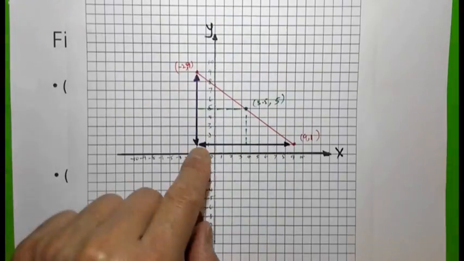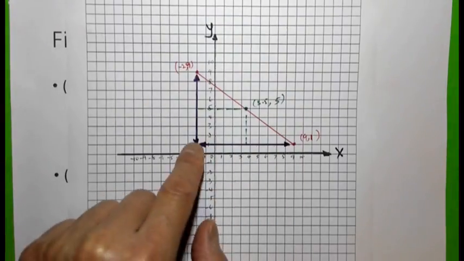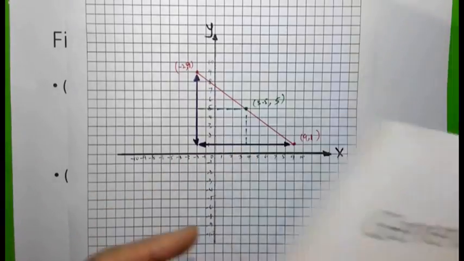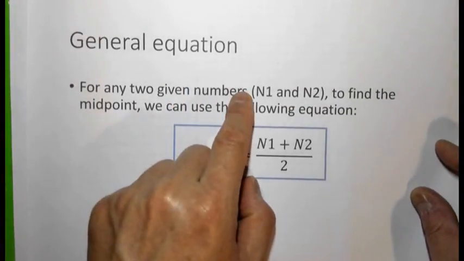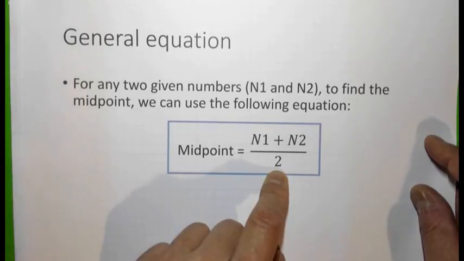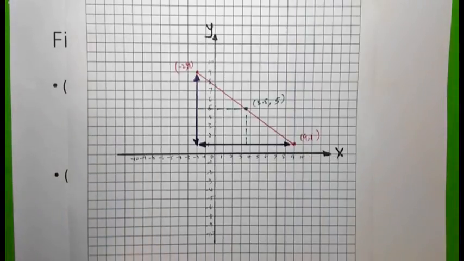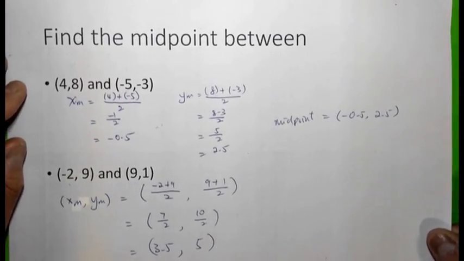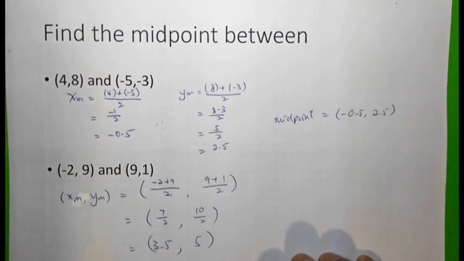Now, with looking at the distance here, x and y, to find the midpoint, can we actually use the general equation, which is n1 plus n2 divided by 2? Of course, it is possible. Now, let's look for the midpoint. Let's do it mathematically.